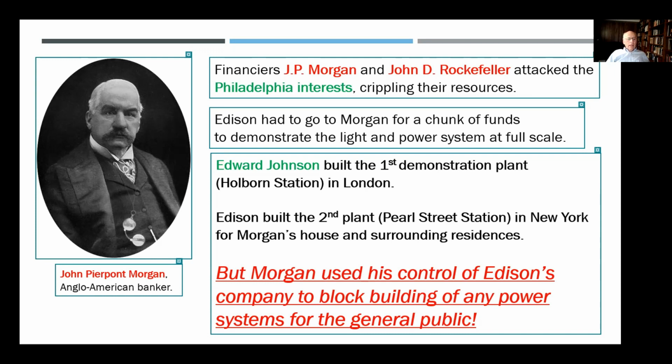At that point, J.P. Morgan told Edison that we are not going to have any more power stations built until we see how the market responds to electricity. Well, obviously there was no market for electricity. Nobody had any plugs. There wasn't any such thing. So it was stopped, dead, completely dead. Next slide.